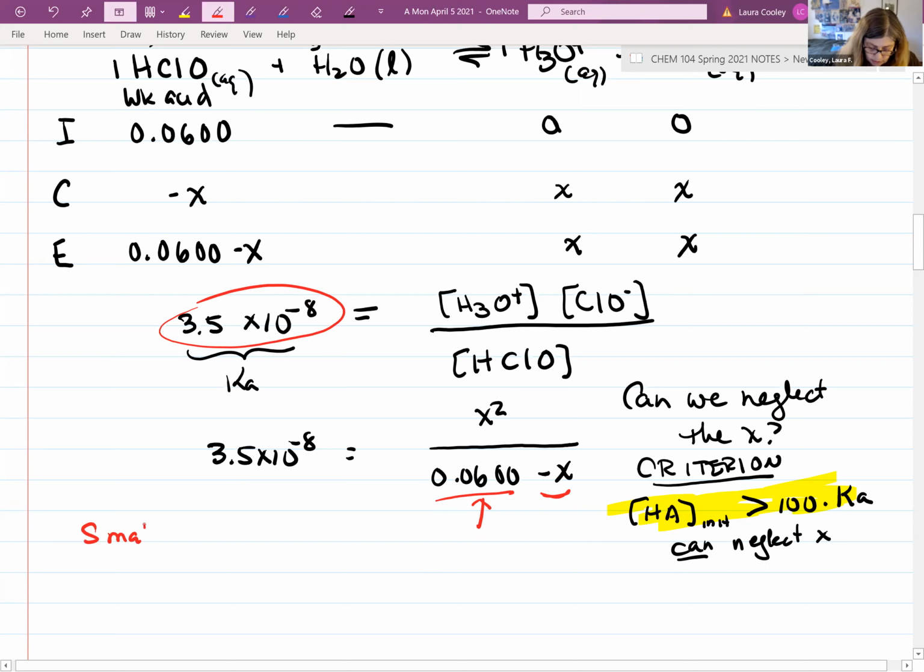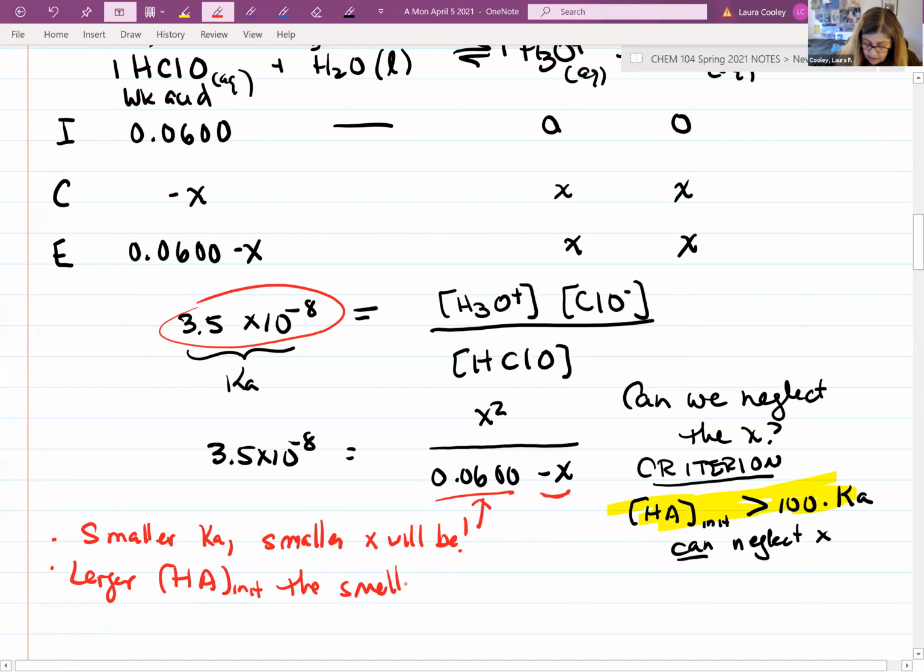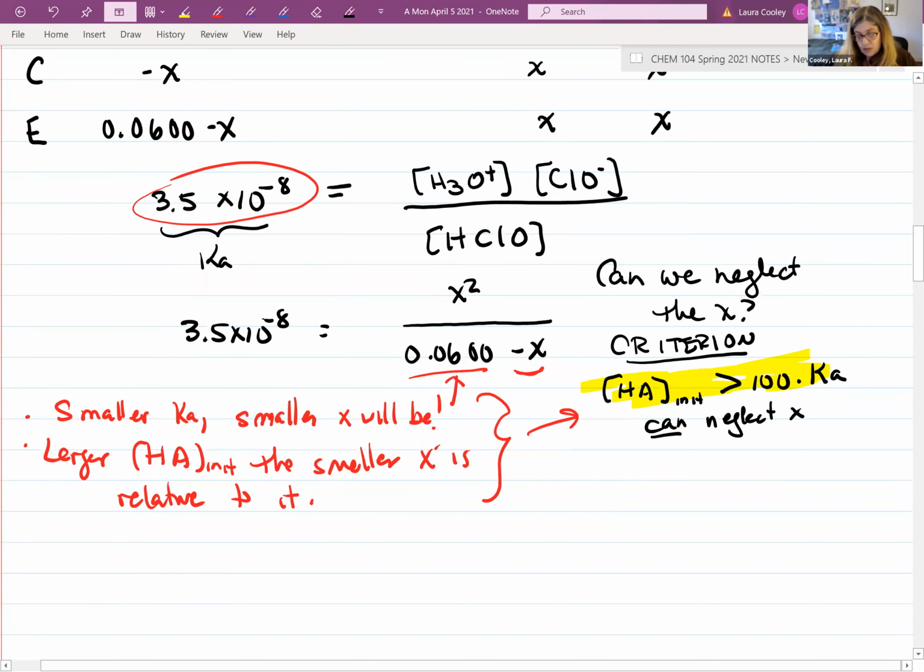So the smaller Ka, the smaller X will be. And the larger the initial concentration of acid, the smaller X is relative to it. So both of these contribute to this criterion that we use.